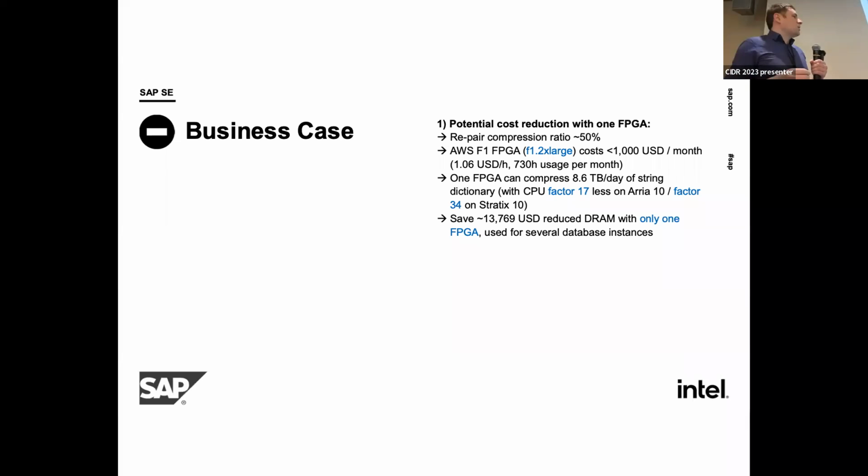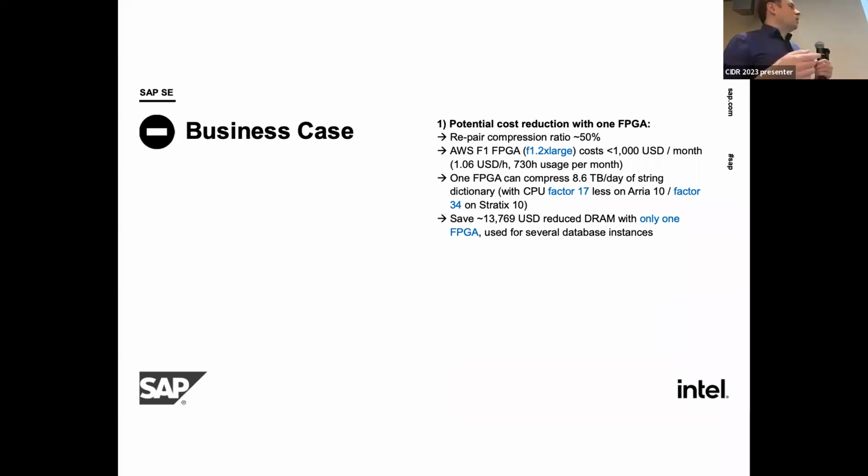And with the technology that we have implemented and also published, with the system that we have, we can compress 8.6 terabytes of string dictionary data per day. And by the way, this is a factor of 17 less on the CPU.